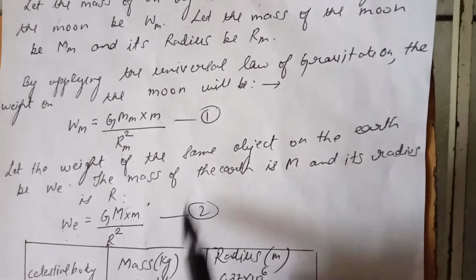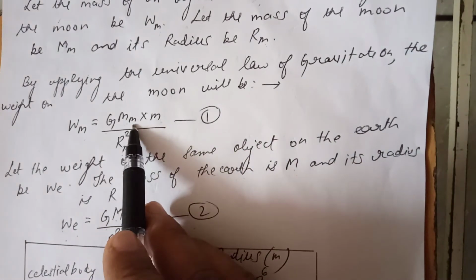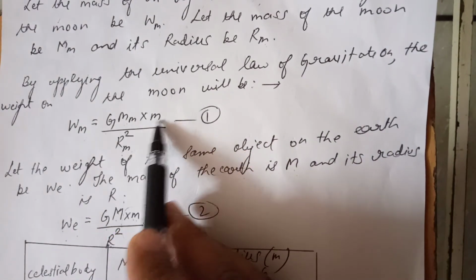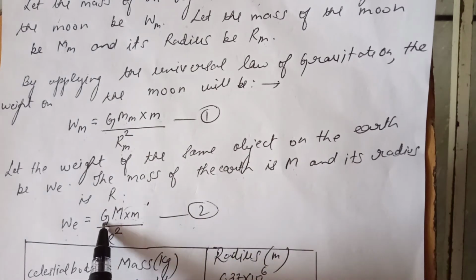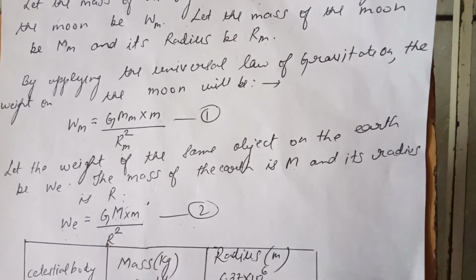In both these equations we will substitute the values: Mm is the mass of the moon, m the mass of the object, Rm the radius of the moon, capital G the universal gravitational constant, M the mass of the earth, m the mass of the object, and R the radius of the earth.